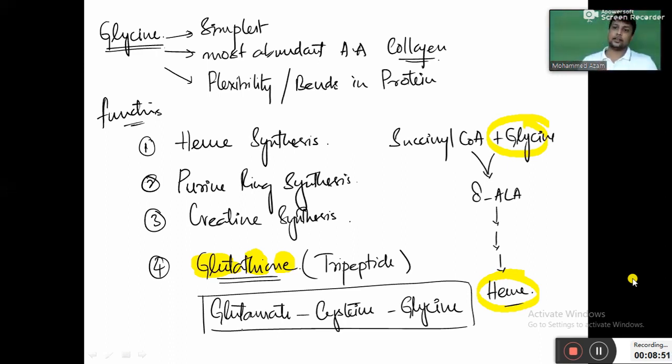And after that, write down function number 5. Glycine also acts like a neurotransmitter. I think you have learned physiology. In CNS physiology, wherever there is a synapse, there will be one neuron, and then another neuron, and between the two neurons there is a gap, and that is known as the synapse.